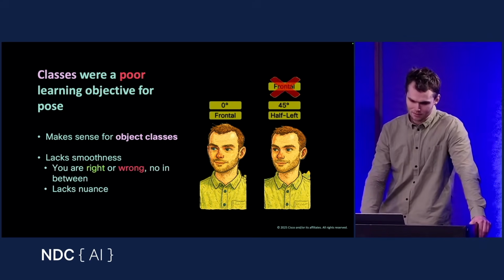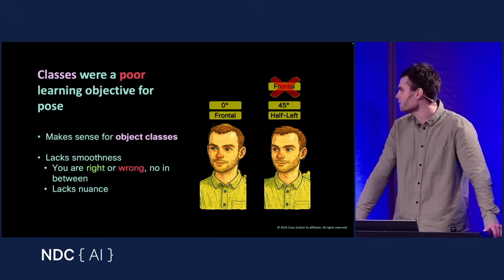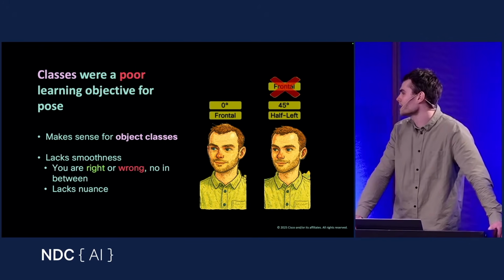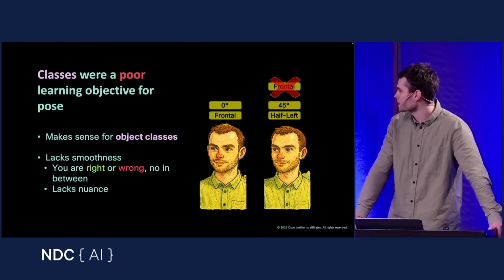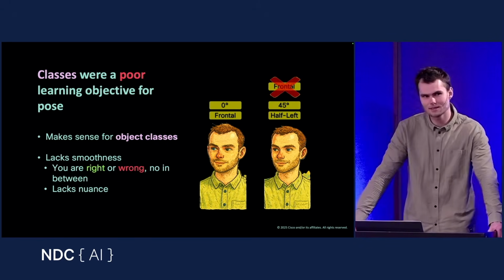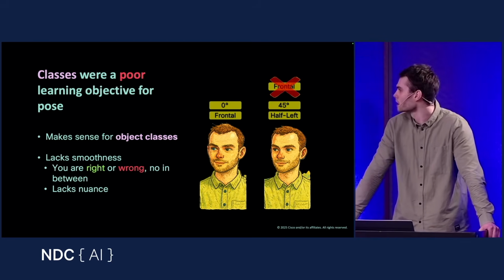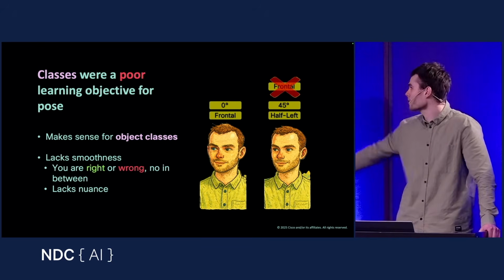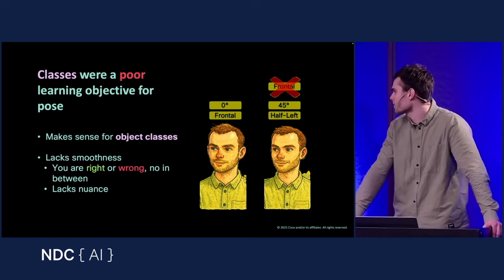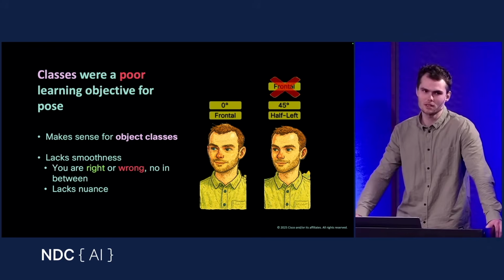But they completely lack the smoothness that you want to predict something that is really continual in nature, like the orientation of a head. If the model predicted frontal or 0 degrees for that head on the left, then that is as good as it gets. You can't nudge it to become better. It's perfect. Whereas if it predicted frontal on the head on the right, it would be completely wrong, even though those orientations aren't very far from one another. There's a complete lack of nuance in the predictions.